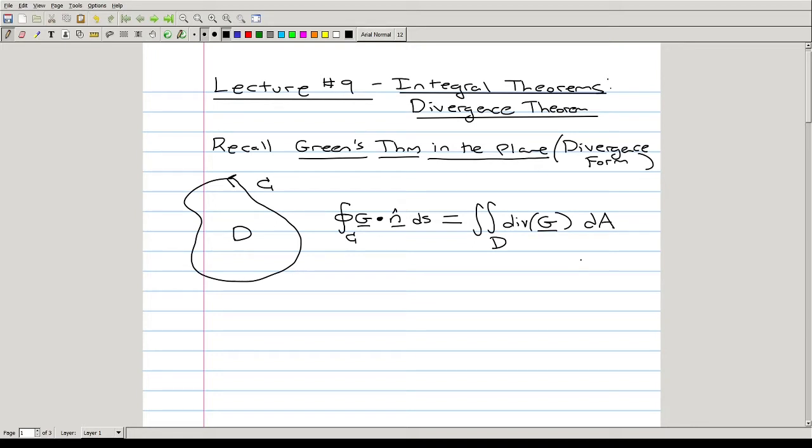This is the double integral over the region D of the divergence of the vector field G. And really, in a very natural way, what Green's theorem is telling us is that the accumulation of divergence of the vector field G inside the region D is exactly equal to the flux of the vector field G normal to the boundary curve C. The divergence theorem offers us a direct extension of this, but for three-dimensional volumes and a closed two-dimensional surface surrounding those volumes.